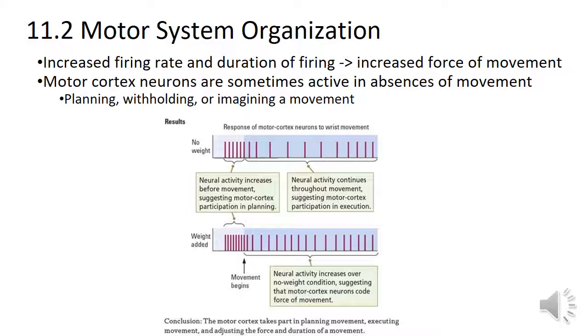I'm sorry, they probably weren't in a coma. I think they had locked-in syndrome, where they weren't able to respond, but they were still conscious, and they were put in a scanner and asked to imagine playing tennis. And the parts of the brain in the motor area that are associated with playing tennis started being activated just by them imagining that they were playing tennis.